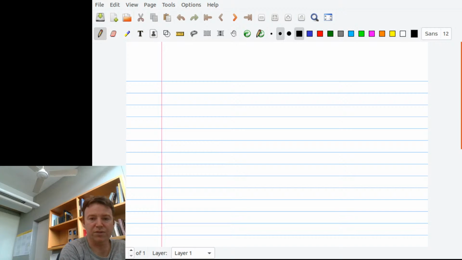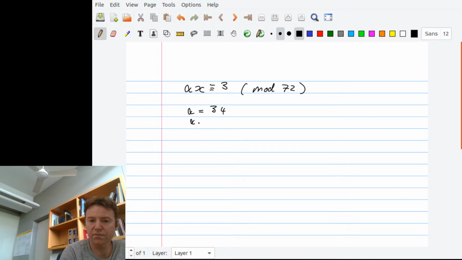So alpha x is equivalent to 3 in mod 72, where alpha equals, well, 34. Alpha equals 35. I need to consider each of these. Alpha equals 39. Okay.